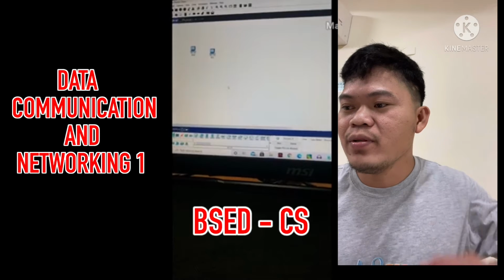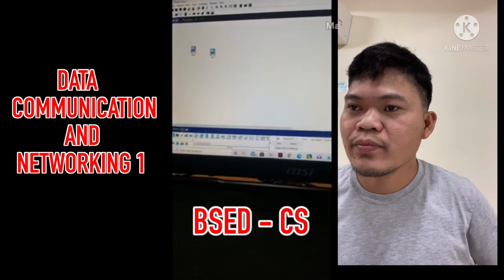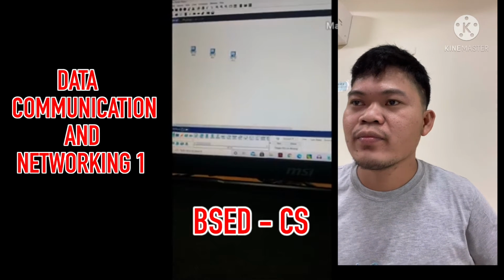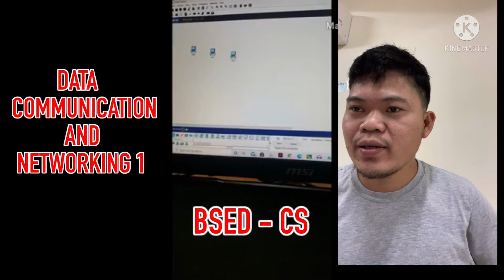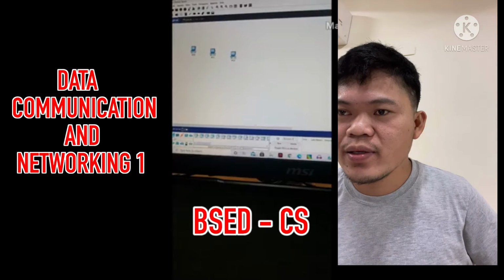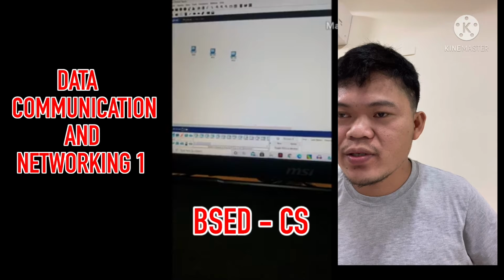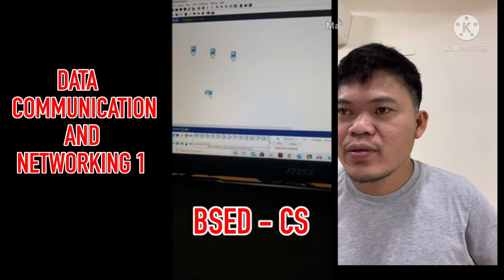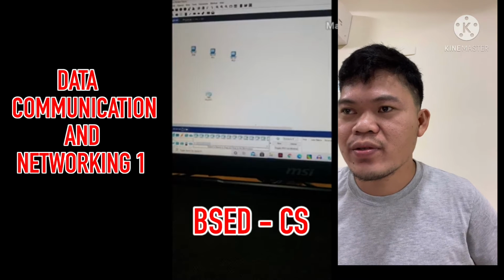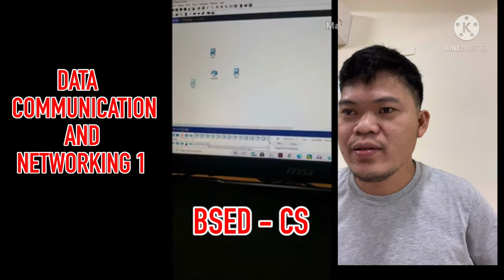Here are the samples. Now let's get the intermediary devices, or let's choose the routers. So let's put the router at the center. Then choose the appropriate cable.